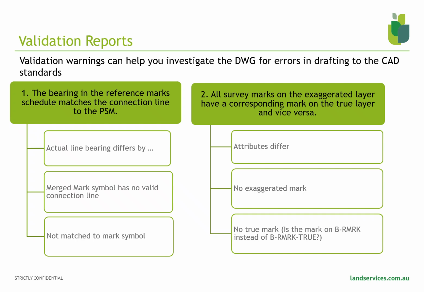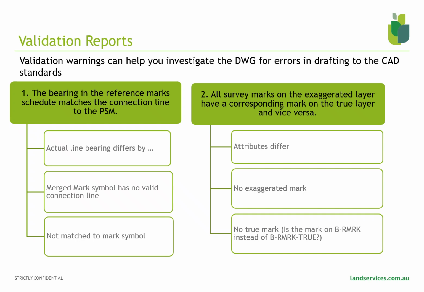So here on the left, we're looking at reference marks bearings. The system checks whether the bearings in your reference mark schedule match the connection line to the PM. If they don't, you'll see a warning like actual line bearing differs or merged mark symbol has no valid connection line.